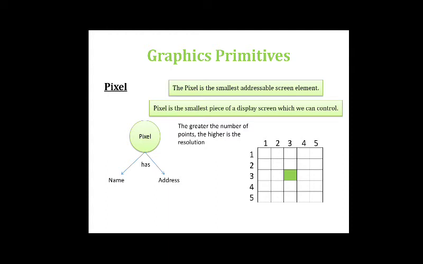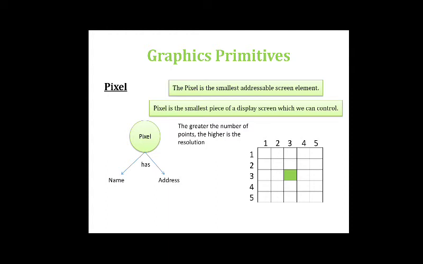The greater the number of points, the higher will be the resolution of that particular screen. So, the resolution of the screen totally depends on the pixel. It is a very small element of a screen, but it is very important because to make any graphics, we are working on that particular pixel.